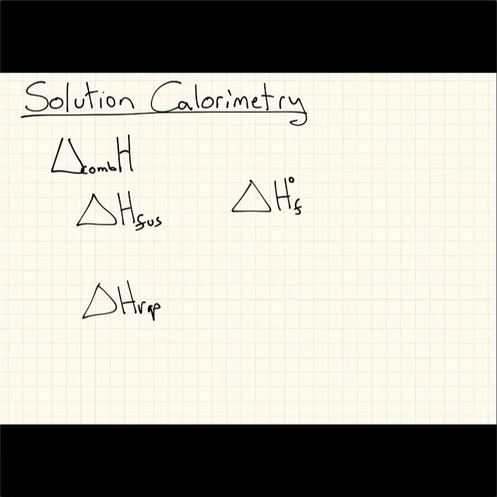If this was in a table somewhere and you had delta H written with a little circle above it, what this really signifies is the conditions under which this number was measured or calculated. These are called standard conditions. So you'll often hear the phrase standard enthalpy of formation, or standard enthalpy of fusion, or standard enthalpy of whatever else. Under those conditions, these enthalpies were measured under standard conditions.